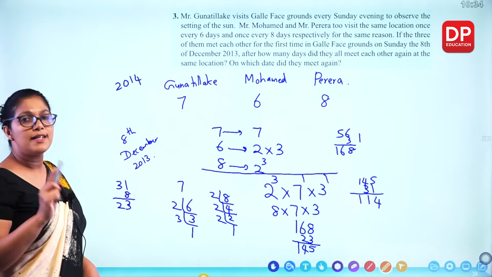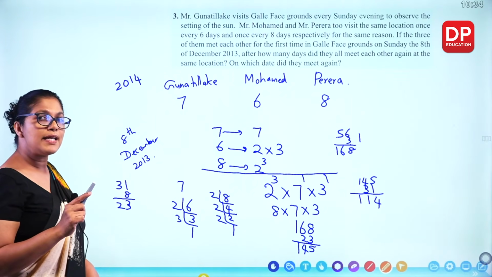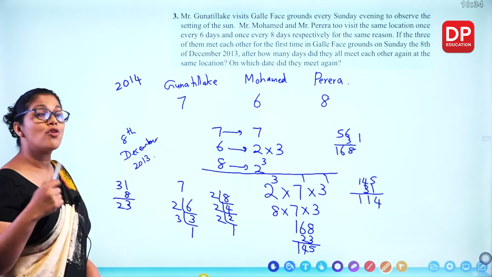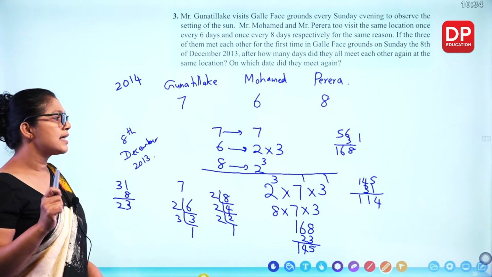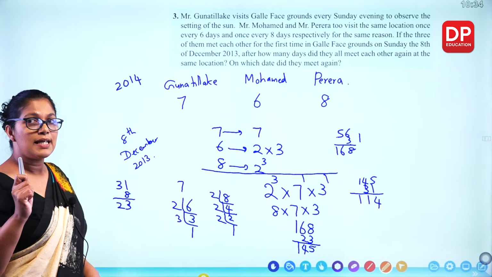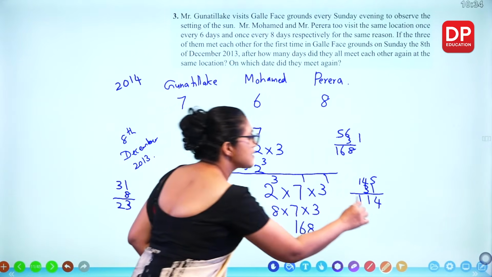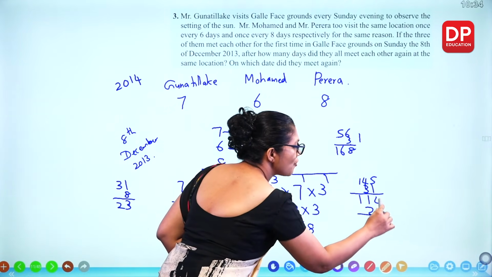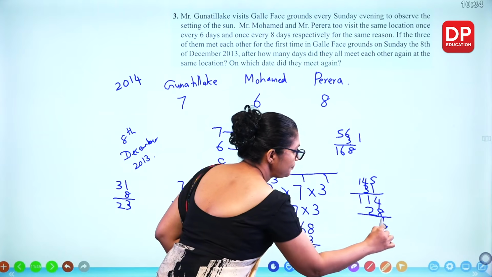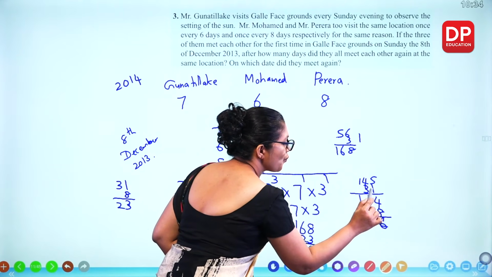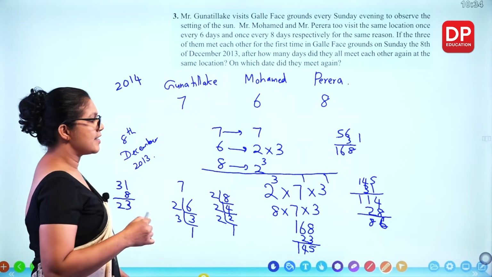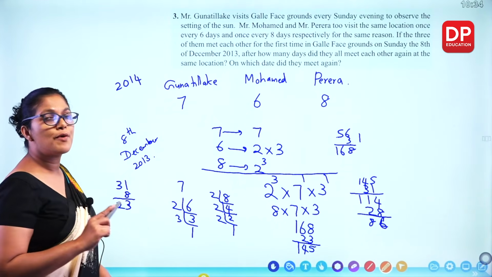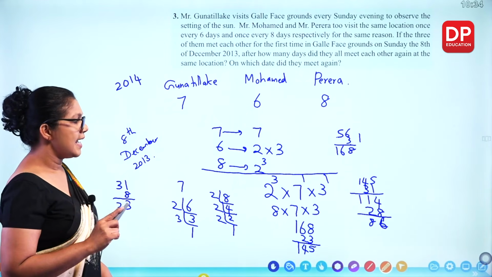This is not divisible by 4, so that means it's not a leap year. So, how many days in February? You get 28 days. So here subtract 28 from that. 86 days remaining. So this is up to February 28.